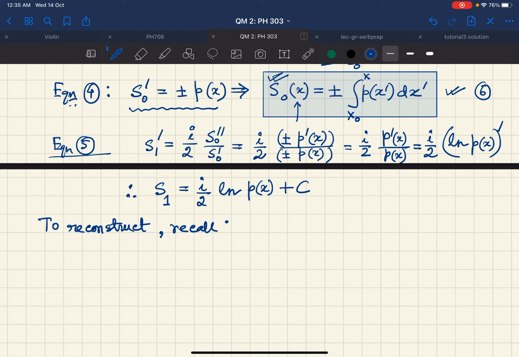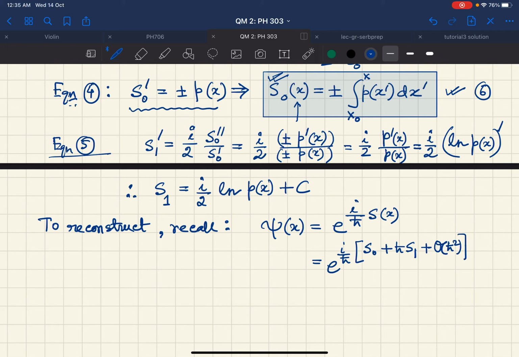recall the starting point. We started our journey with this form, e to the power i by h bar S(x), and then we expanded this S(x) as e to the i by h bar, S0(x) plus h bar S1(x) plus higher orders in h bar.